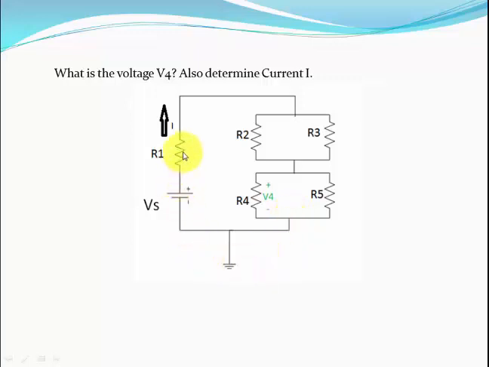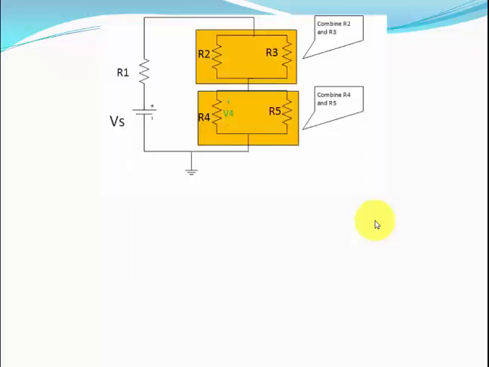Remember we talked about R1. If we call this the second group and the third group, then R1, the second group, and the third group are in series. If in series, we have the voltage divider. This group is a combination of R2, R3, and this is a combination of R4, R5.